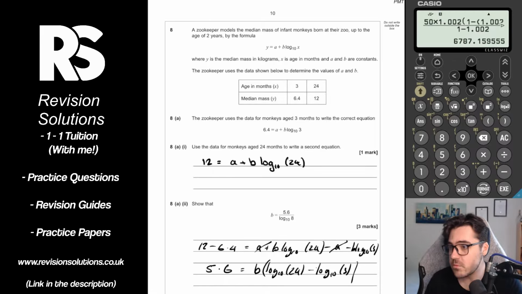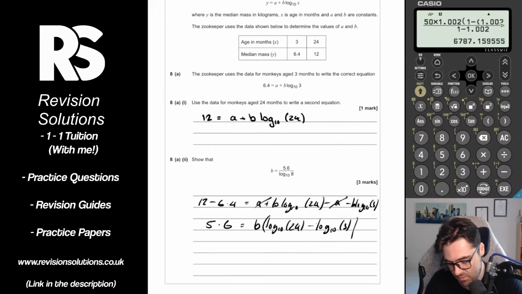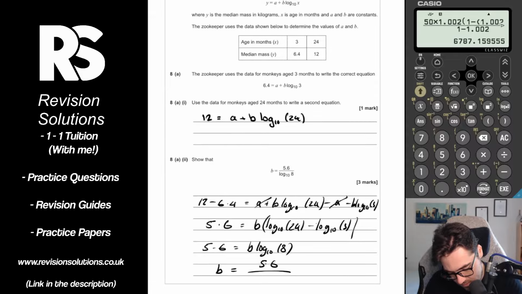And if we recall our rules for logarithms, if we have two logs subtracted, it's the same as division of the insides of the log. So 24 divided by 3 is 8. We'd have 5.6 is B times log base 10 of 8. So just dividing over now, we get our answer that they wanted, 5.6 over log base 10 of 8.